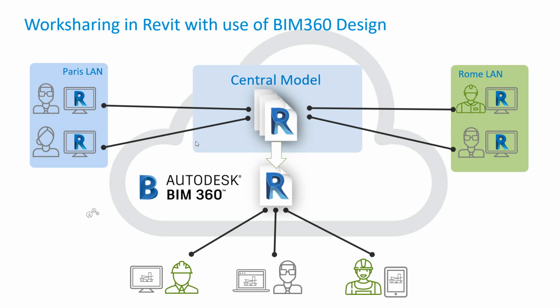But the thing which is very different here is that while you're publishing a central model in the cloud, you're also creating a kind of spectrum of your model, or let's say kind of a digital twin, which can also be viewed, because since you are pushing your Revit model into the cloud, into BIM 360, you can also see and explore your model in the browser, on a regular browser like Chrome or Firefox.